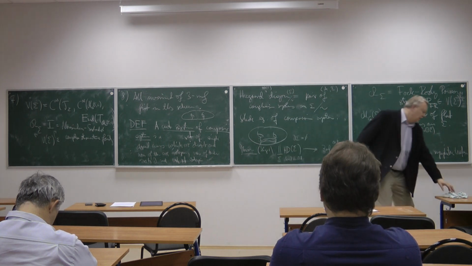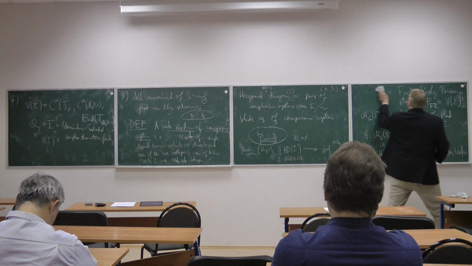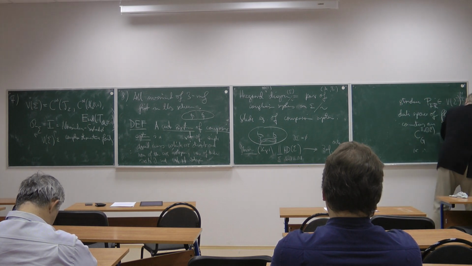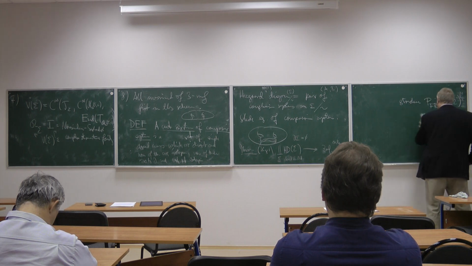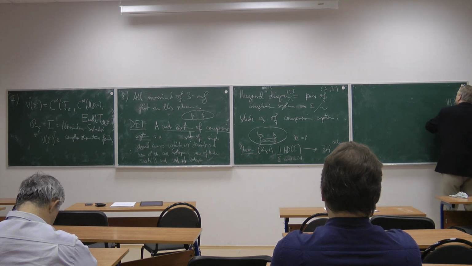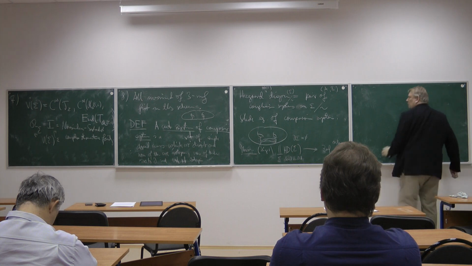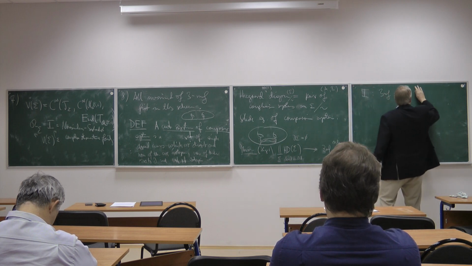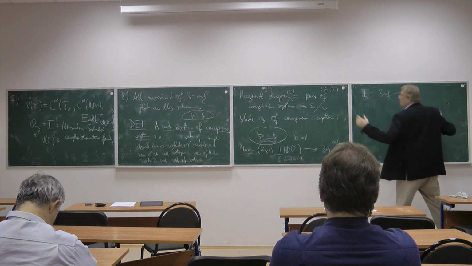Okay. And so therefore, maybe I'm giving you more details about this than I should do. But anyway. Therefore, if I now have an invariant from three manifolds to some field, let's just say the complex numbers.